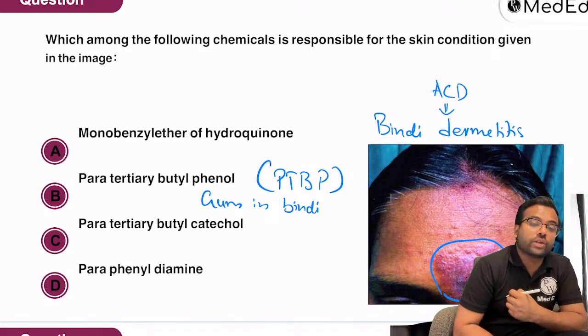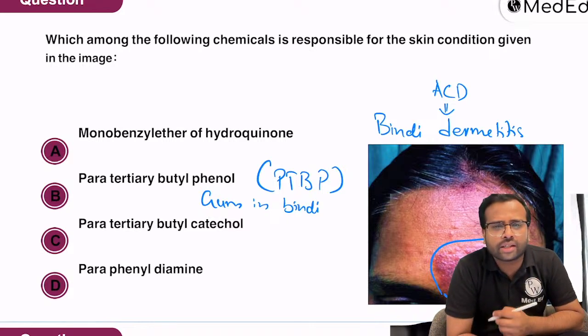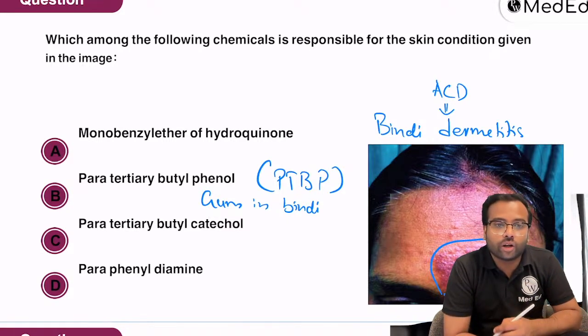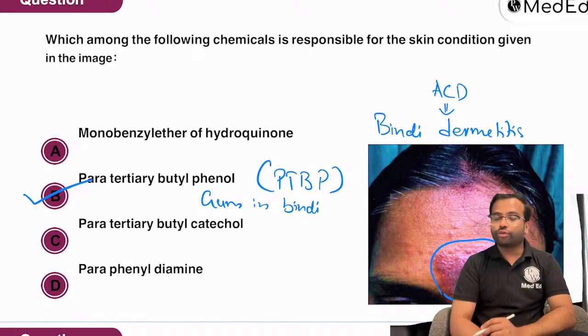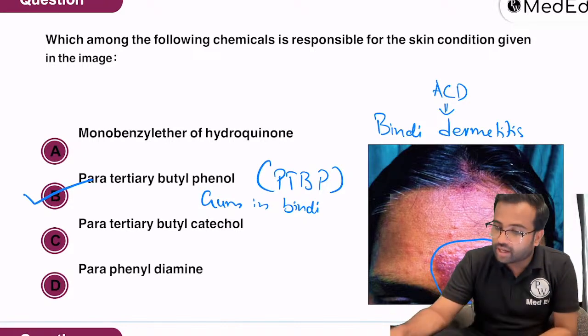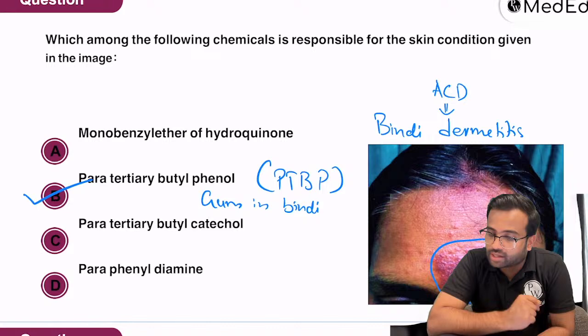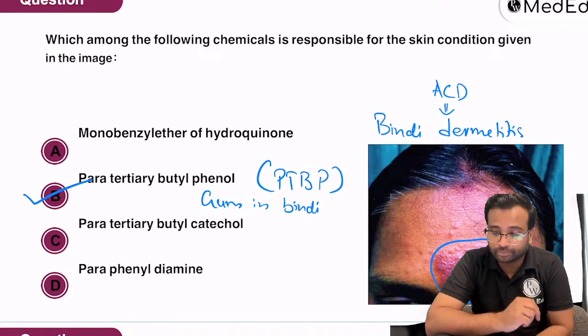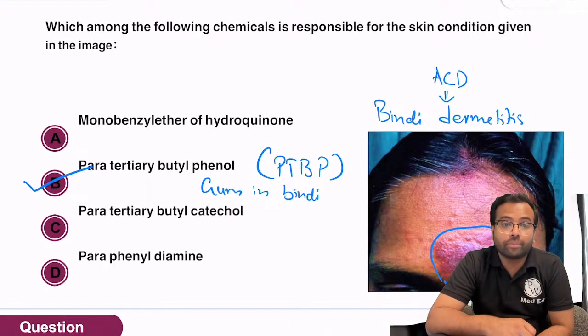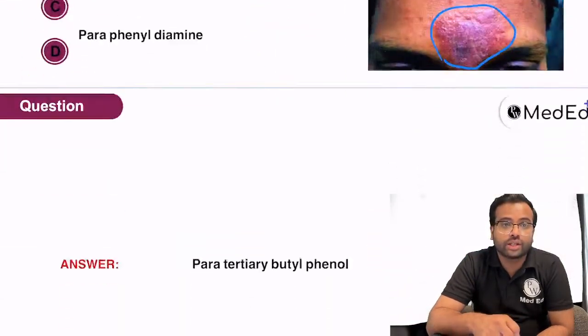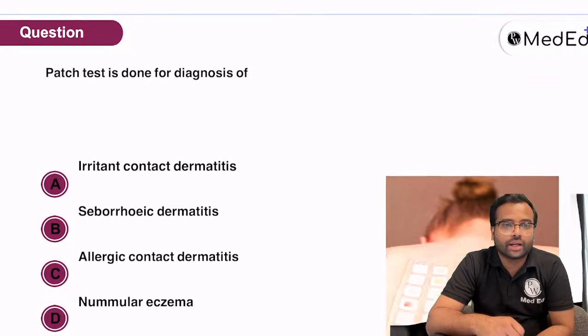This usually causes allergic contact dermatitis or even chemical leukoderma associated with bindi. All of you have answered in the chat box already, and you are answering it right. This is going to be para-tertiary butyl phenol that is associated with bindi dermatitis.